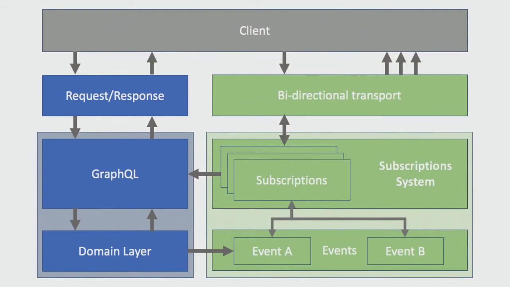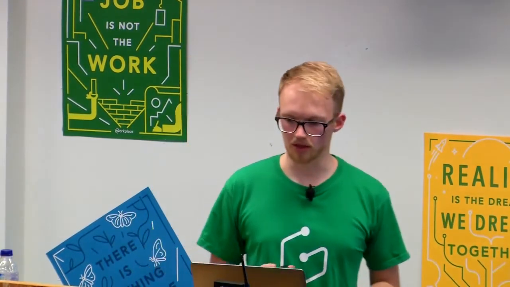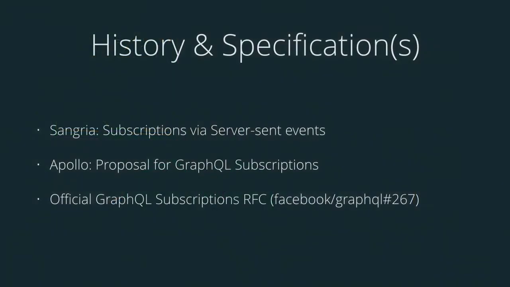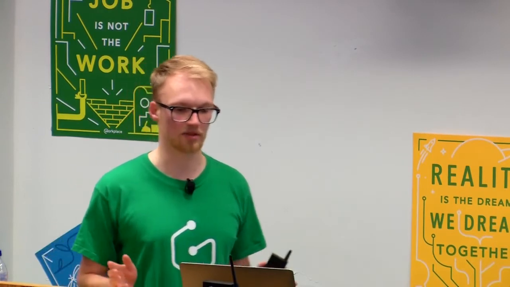When I'm speaking about the GraphQL server implementation, how we do it at GraphQL, we can translate that to our implementation. So, a bit about the history. Maybe some of you know a GraphQL server framework called Sangria. It's, I think, one of the most mature GraphQL implementations, also one of the earliest ones. It's written in Scala. It's absolutely fantastic.